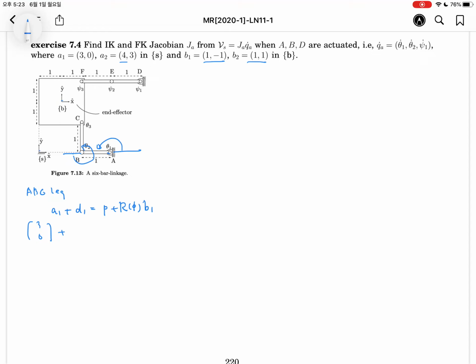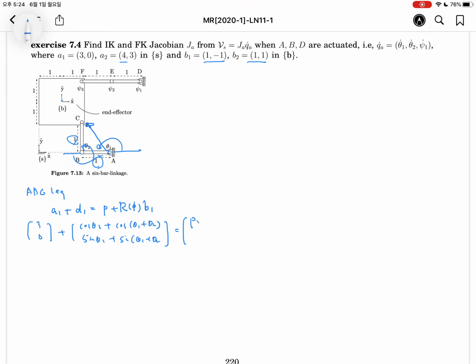For the D1 vector, this leg length is the unit 1, so the x direction of this vector is cosine theta 1 plus cosine (theta 1 plus theta 2), and the y direction is sine theta 1 plus sine (theta 1 plus theta 2). Like this we can express the D1 vector.